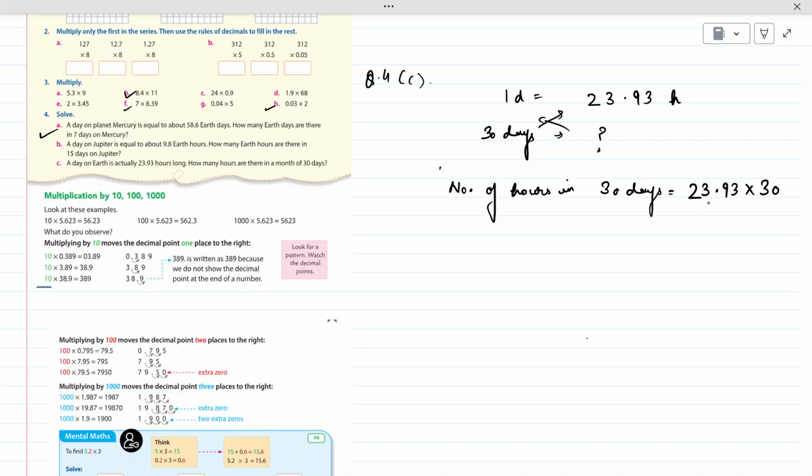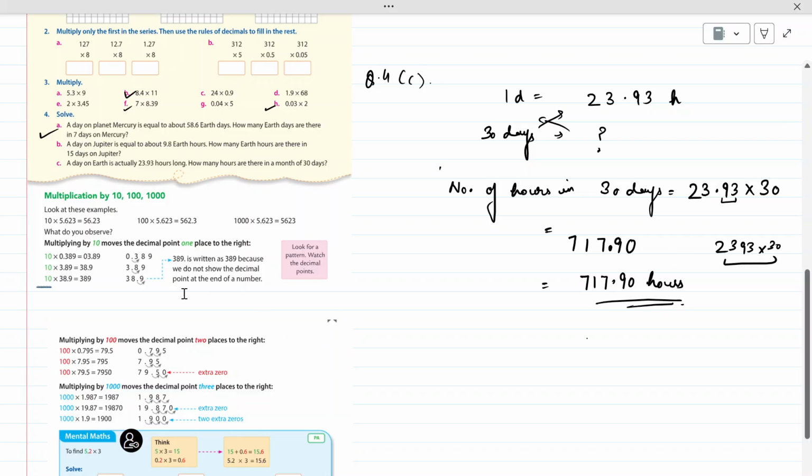Okay, so we have to multiply first 2393 with 30, and when we are multiplying these two numbers, we are getting 71790. And now what we have to do? Just put the decimal after two places, that is here. So our answer is 717.90 hours. Okay, this is our answer.